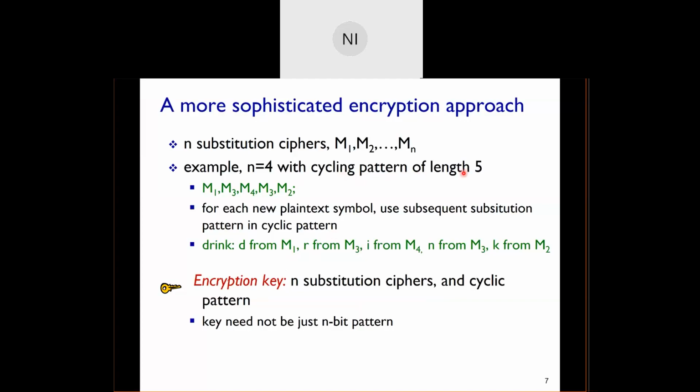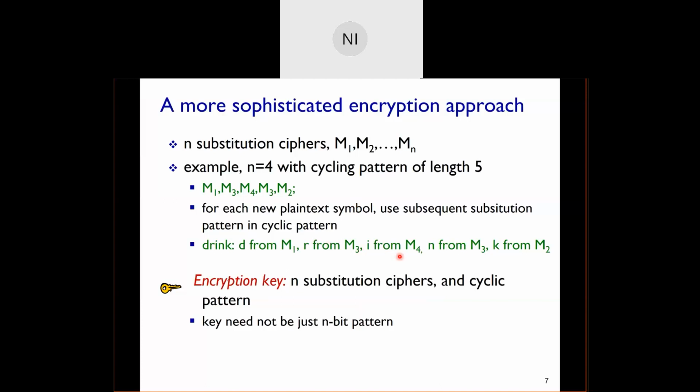In this case, the pattern has length 5, where we are talking about M1, M3, M4, M3, and M2. Basically, it says when you are trying to encrypt the plain text, in this order, you start picking the mapping letters from these four different substitution ciphers that you have designed.